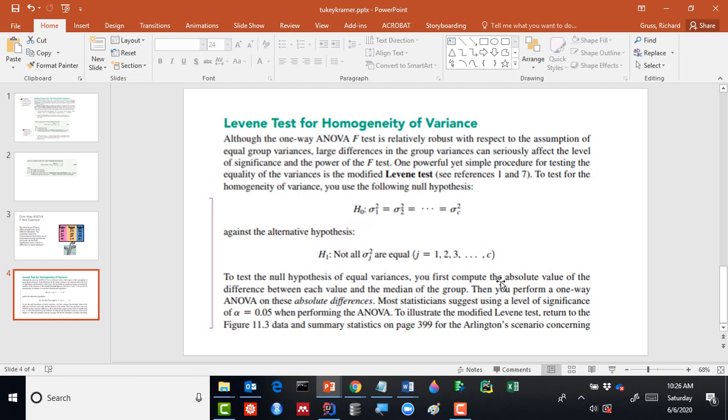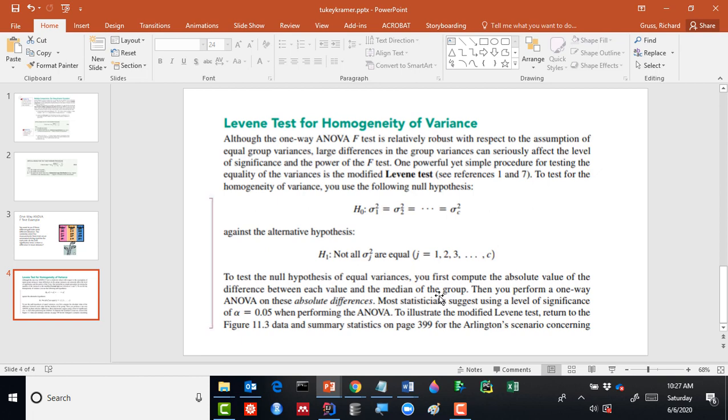Oftentimes you do this after your ANOVA to verify whether you have satisfied the assumption that the variances are all equal. The way we do this, and I'm going to demonstrate by doing a problem, is we calculate the absolute value of the difference between each value and the median for that group.